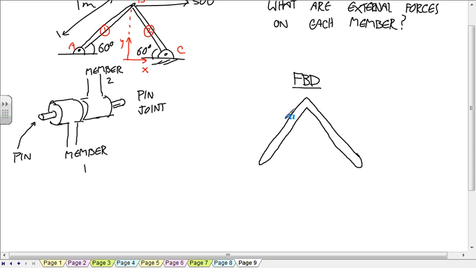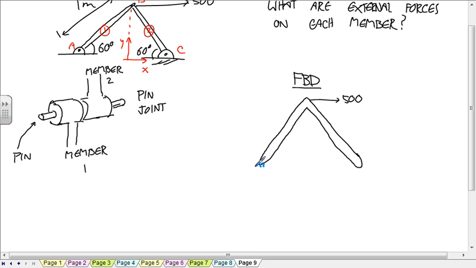So what forces are acting on this object? Yep, that for sure. Well, we're neglecting that, but it would be, yeah. And then the pin at A is applying a force here.